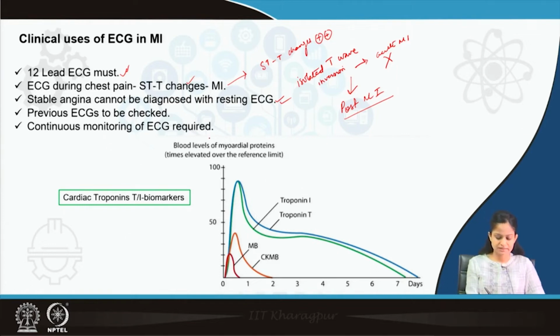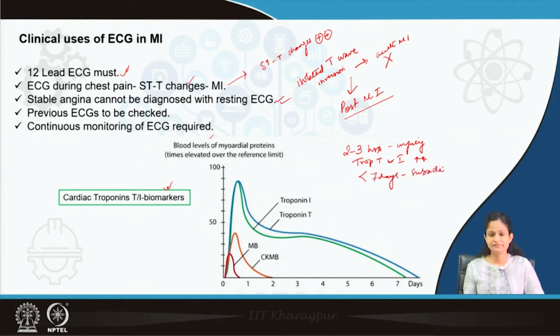In this diagram we see the various biomarkers which are usually raised in myocardial infarction. Generally we take the highly specific and sensitive troponin levels. We have cardiac troponins T and I. These are very sensitive for myocardial infarction. They usually get raised within 2 to 3 hours of the injury and subside within 7 days, that means the level will become normal.